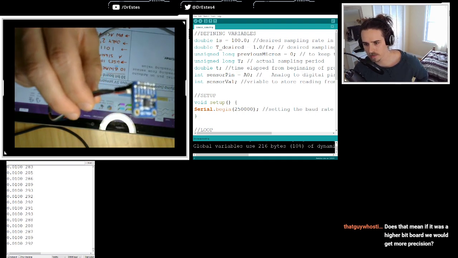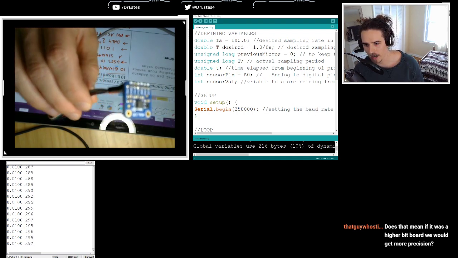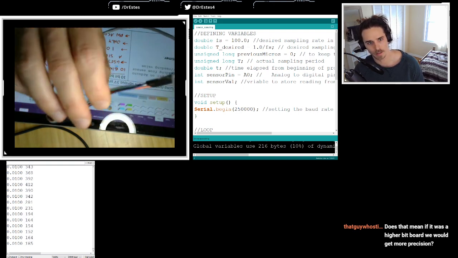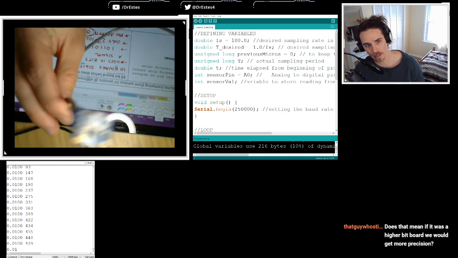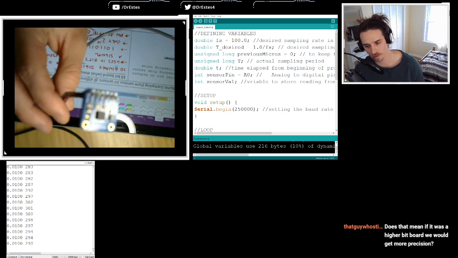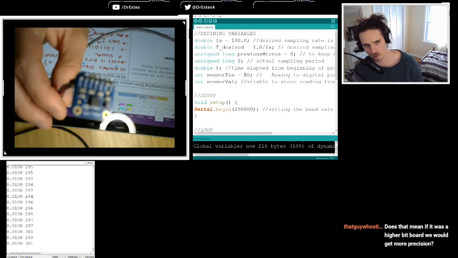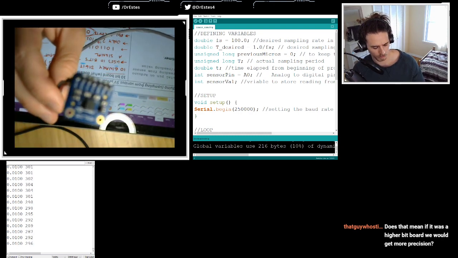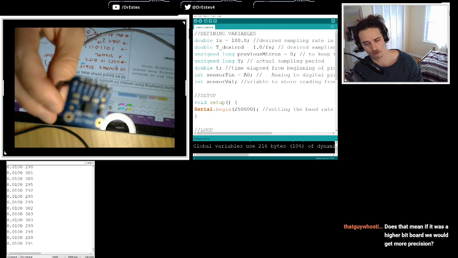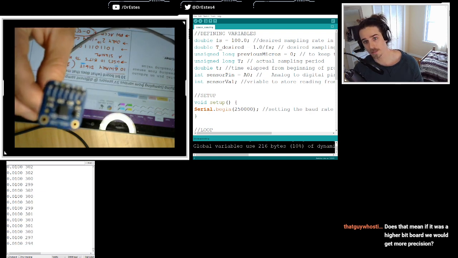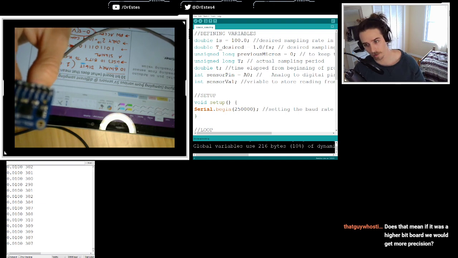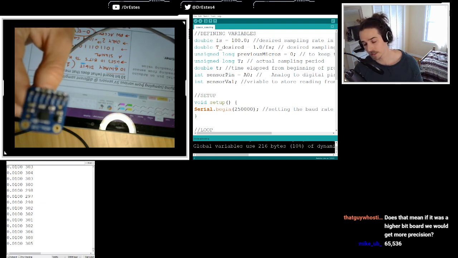That guy who stinks says, does that mean if it was a higher bit board, we would get more precision? Yes. Like if this was a 16-bit analog to digital converter, that's 2 to the 16. What is that? I have no idea what that is. But that's many, many more levels. And if you've heard of like 32-bit, 64-bit, 65,000.